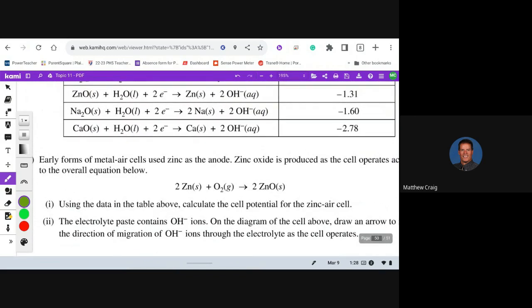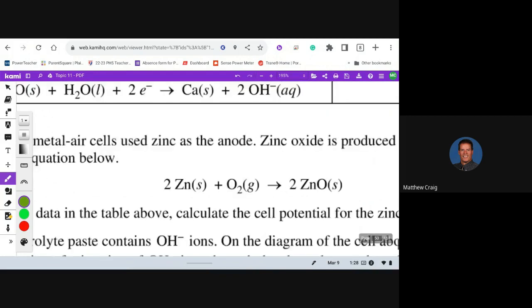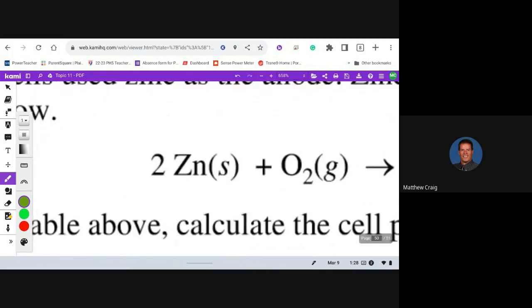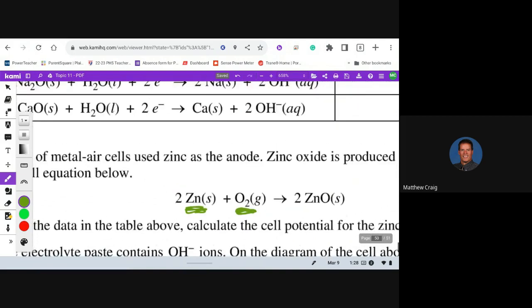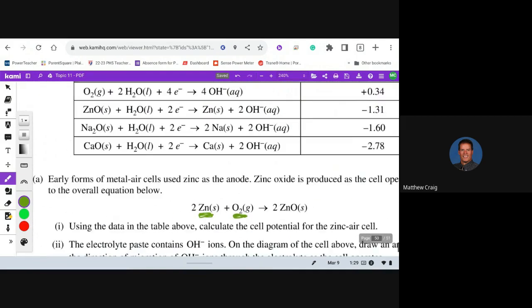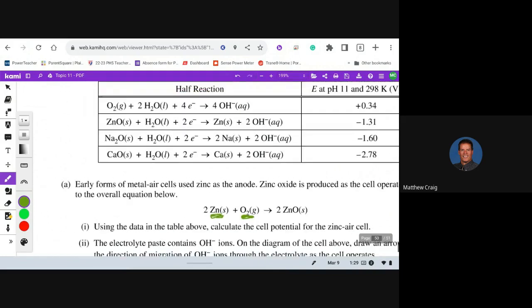I says using the data in the table above, calculate the cell potential for the zinc air cell. All right, so here's what's given. So we know we have solid zinc. We know we have oxygen gas. That's what's given, okay? And we know that we're going to produce some zinc oxide.